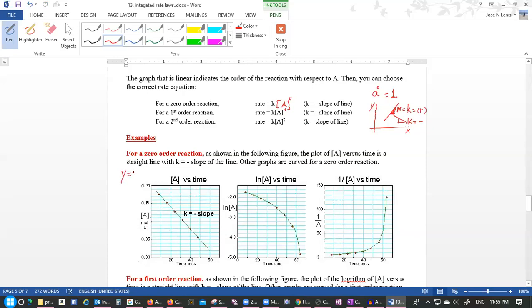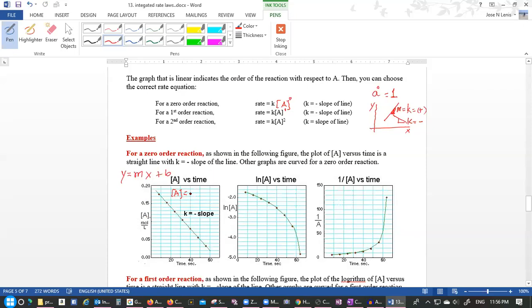And you can convert this relationship into an equation, because you can use, again, the equation for the straight line to formulate the equation of this behavior. So what is y? Y is concentration of A, equals mx, and what is m?